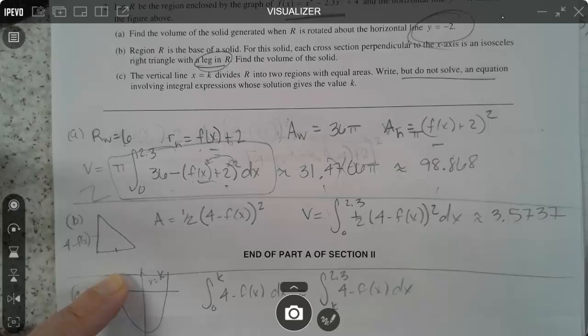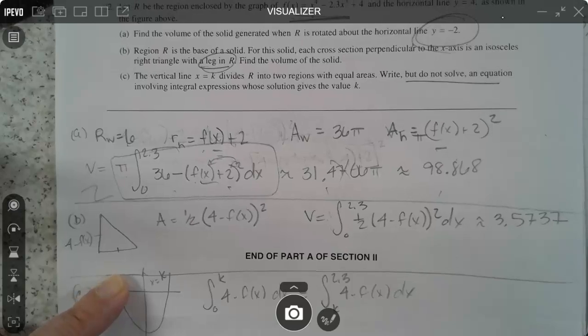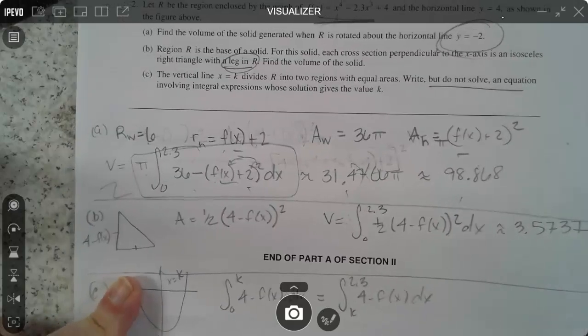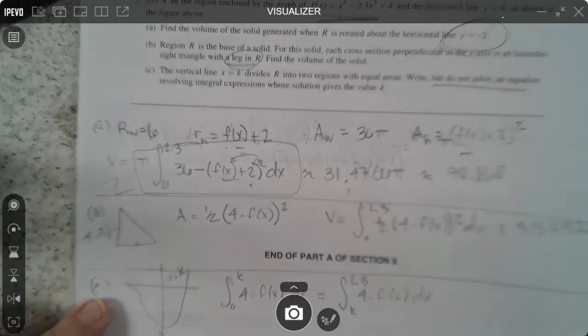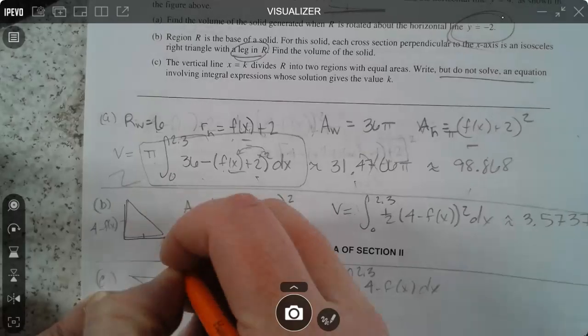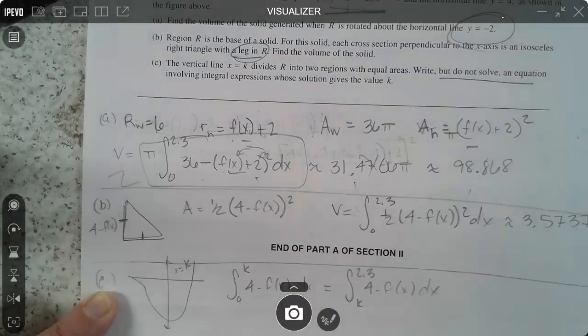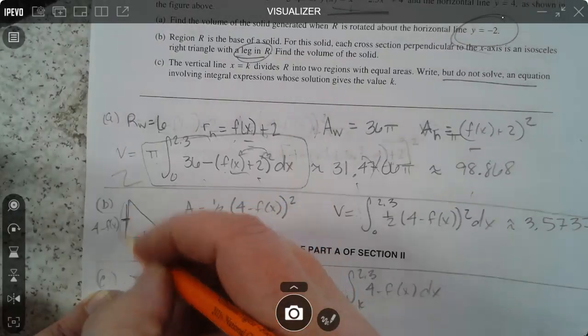Part B. Wyatt, you were asking me the wrong questions on this one. This says that the leg of the triangle sits in region R, not the base of the triangle. If it's an isosceles right triangle and one of the legs sits in it, I literally came over here and drew it out so I could see. These are the same. So the area is half of this times this.